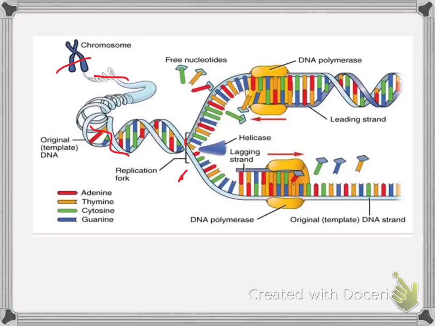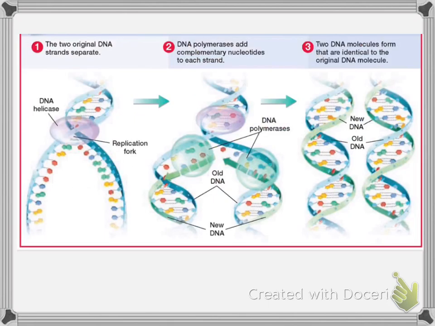Now in this you can also see the leading strand. This is the leading strand and this is the lagging strand synthesized in short segments, and this is the helicase. All these things we can see in this figure. After the synthesis we get DNA like this.